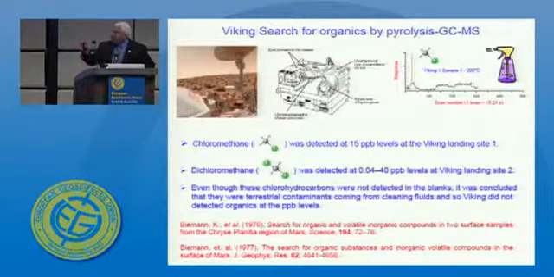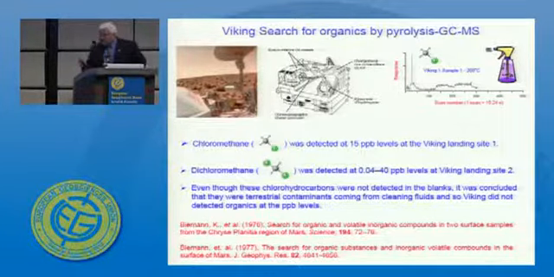Because these compounds were also not detected on the blanks, they considered that they were terrestrial contaminations, more likely coming from cleaning fluids. Even though chloromethane is a gas, it cannot be used as a cleaning fluid. And they speculated that chloromethane was produced either by the reaction of hydrochloric acid with possibly some acetone or some other compounds.